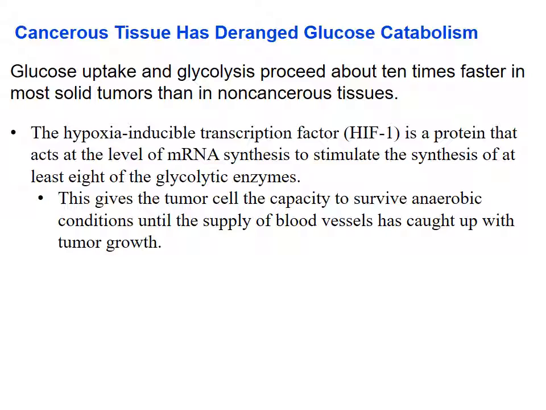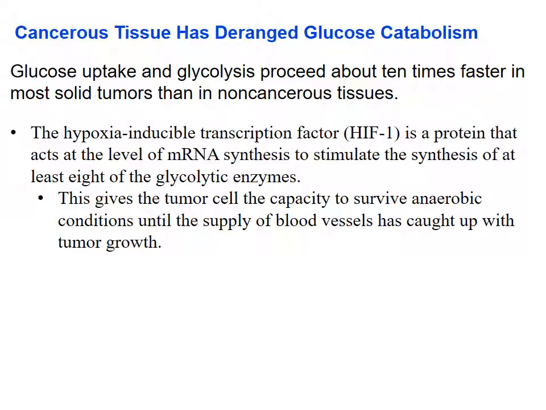Hypoxia also increases the prevalence of a transcription factor known as hypoxia-inducible transcription factor. This transcription factor starts transcribing mRNA to stimulate the synthesis of at least 8 of the glycolytic enzymes.